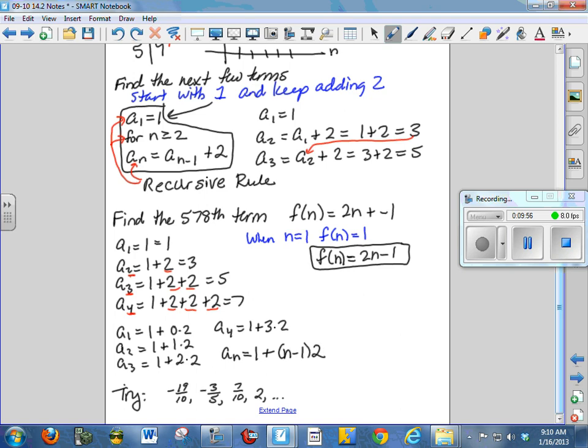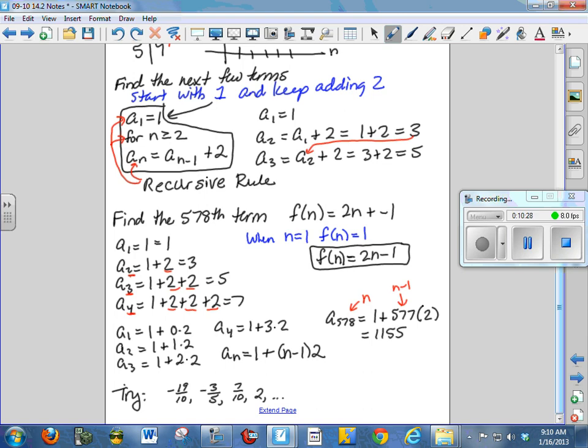So if I wanted to find the 578th term, I would just have to add 2 577 times. So a sub 578 is equal to 1 plus 577 times 2. This is n. This is n minus 1. And that turns out to be, for your information, 1,155.